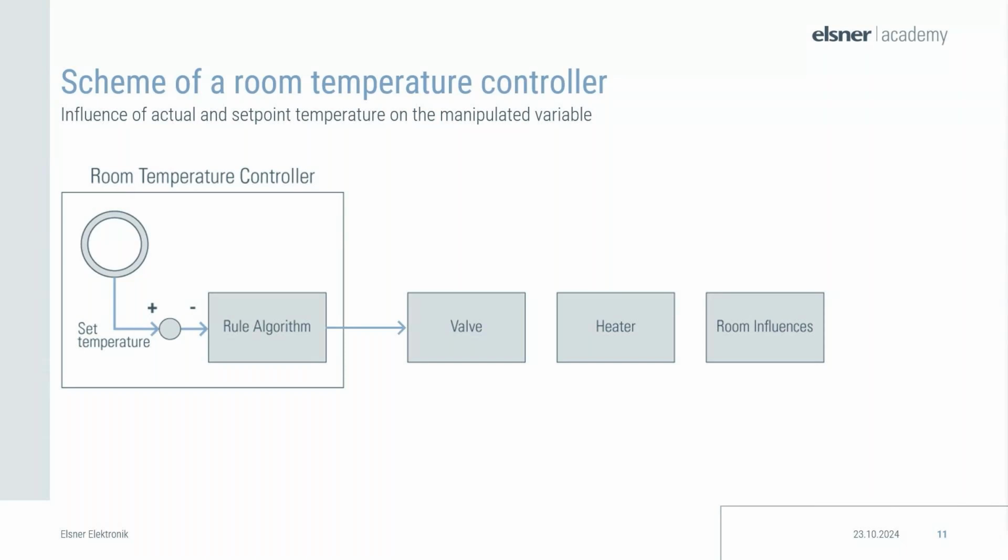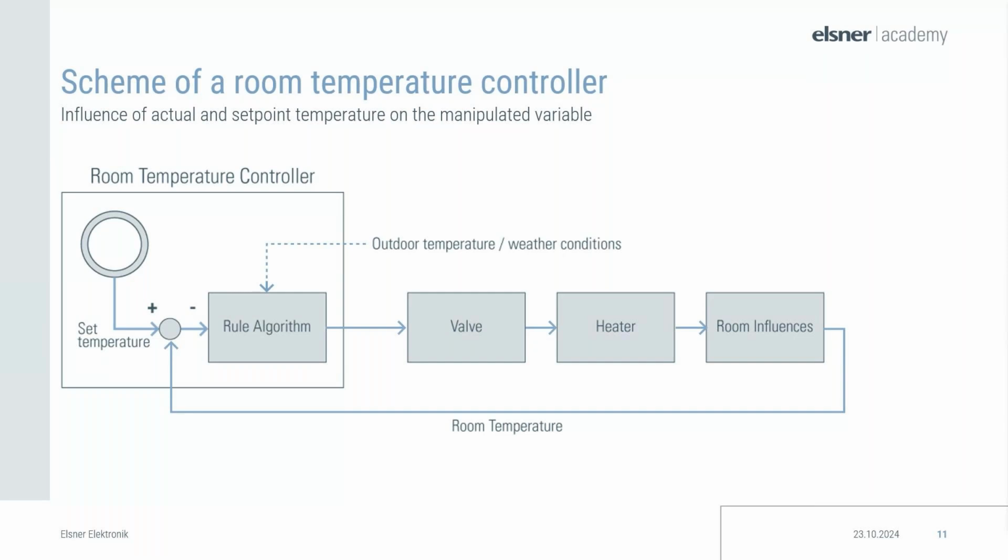Warm water then flows through the radiator or the heating circuit and transfers this heat to the room. The room temperature can then still be influenced by room influences if necessary. The room controller records the temperature again, and thus a control loop is created. Here we have visualized the loop itself.